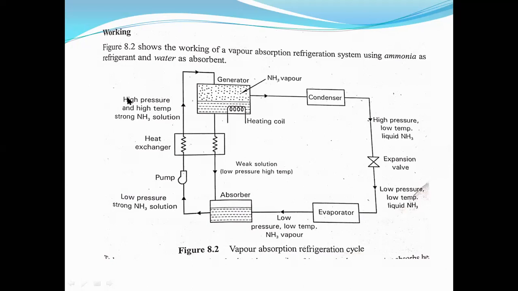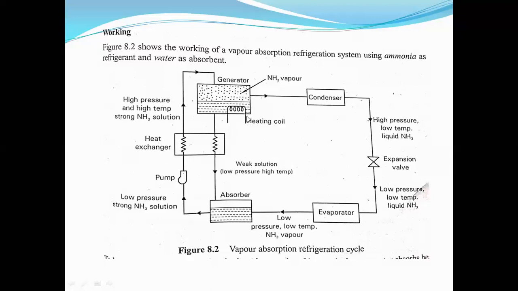Now this high pressure and high temperature ammonia solution enters into the generator. It is like a boiler, where we supply the heat externally with the help of LPG gas or whatever it is, so that heat is supplied externally.